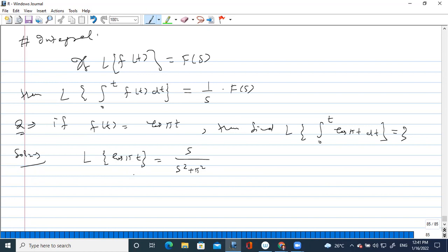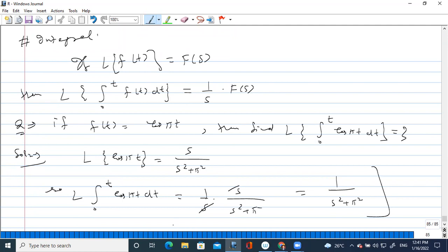So in that, Laplace of integral 0 to t cos pi t dt: if single integration is there, you multiply 1 by s in that F(s). So s square plus pi square, s to s cancel. So the answer will be 1 by s square plus pi square. So like this you can do.